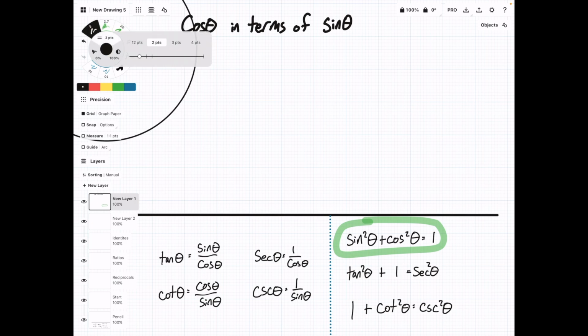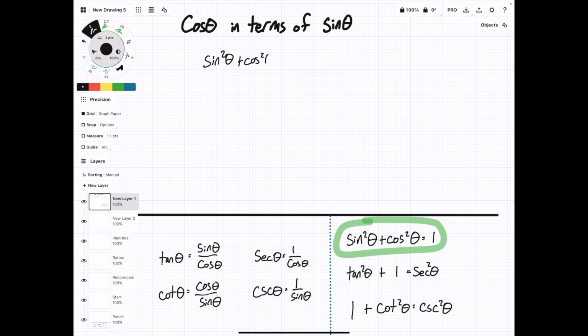So we can rewrite the identity sine squared theta plus cosine squared theta equals 1. Solving for cosine, we'll have cosine squared theta equals 1 minus sine squared theta. Taking the square root of each side leaves us with cosine theta equal to plus or minus square root of 1 minus sine squared theta.